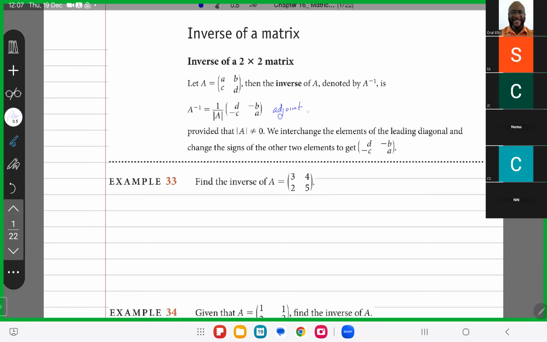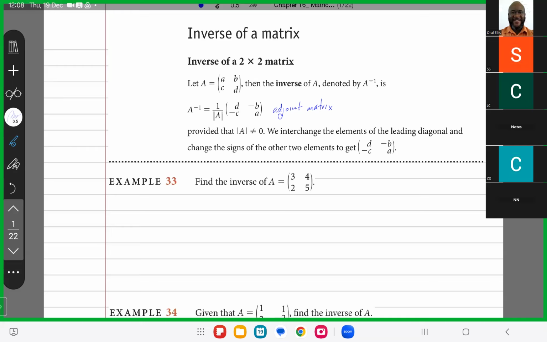So in other words, A inverse is 1 over the determinant of A times the adjoint matrix, or adjoint A. I think it's normally called adjoint A.